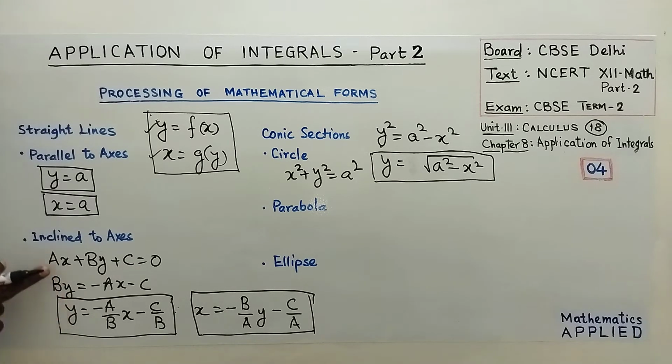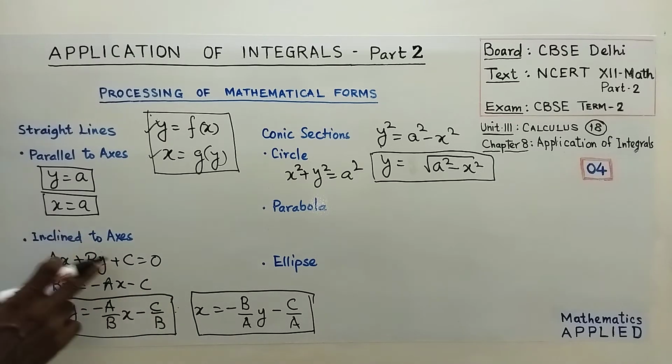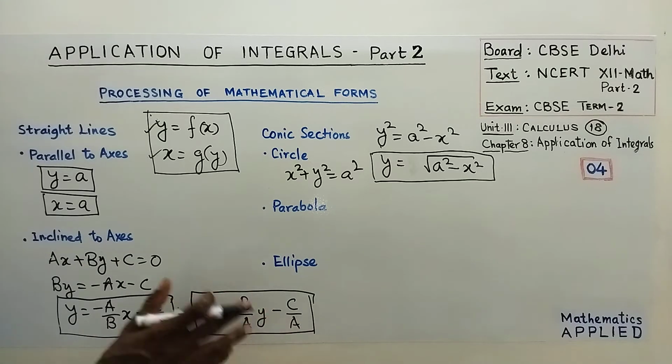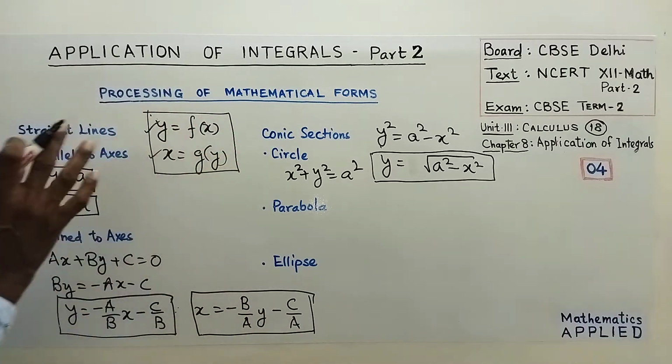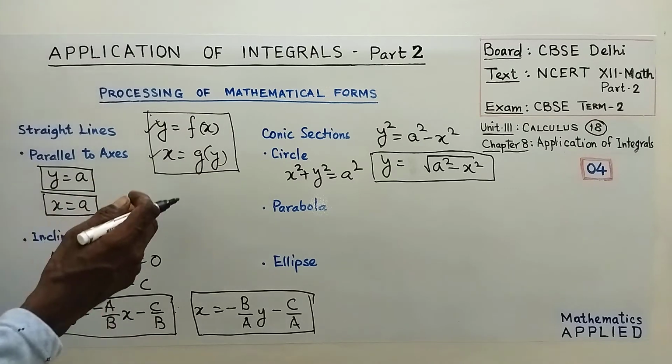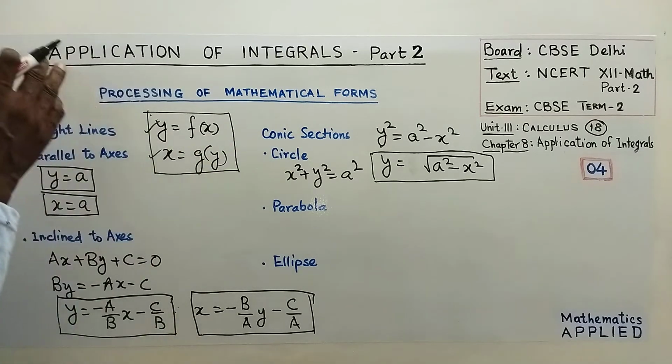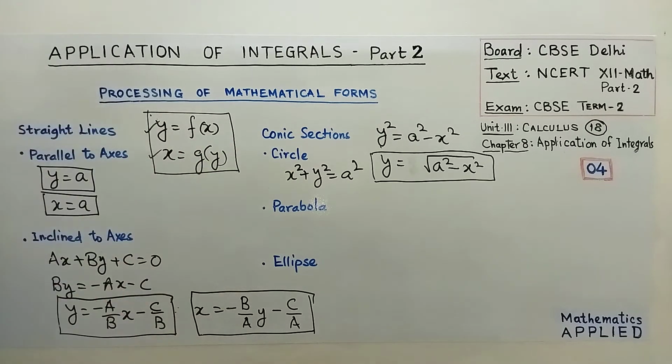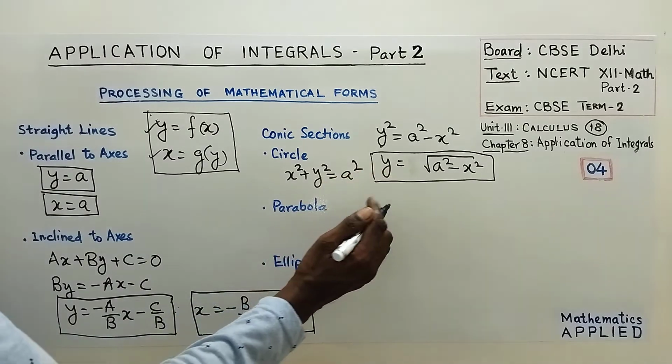So that's why we have processed it and kept it like this. Don't forget that this is the same line. We have just converted it into some convenient form which we are going to use in part 3, where we are going to apply the integrals. So this is our final product in this case.